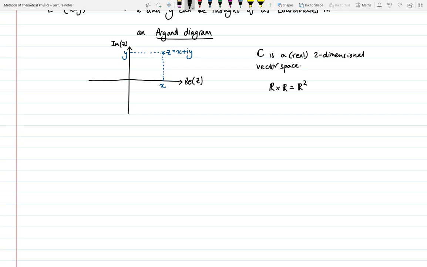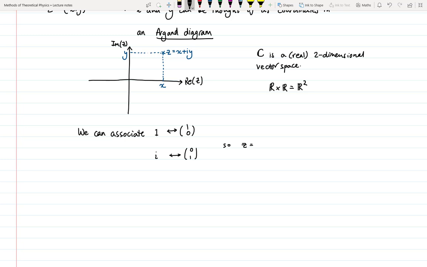Now, this correspondence of complex numbers to vectors can be formalized a little bit. We can associate the real basis unit 1 with the x basis vector and the imaginary basis unit i with the y basis vector.